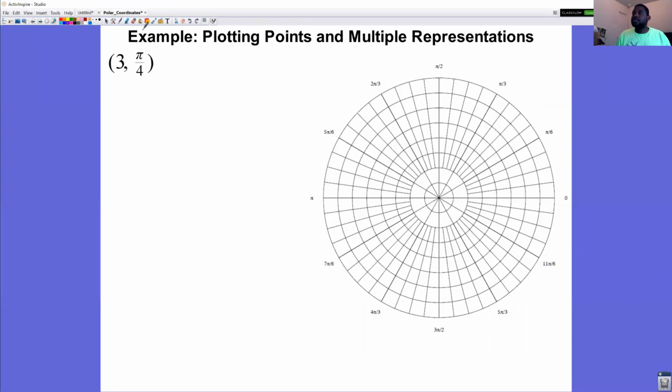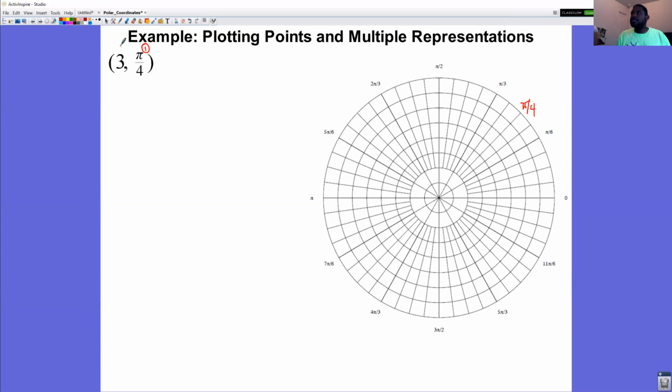The way you plot a point in polar coordinates is you start with your angle, which is pi over 4. So you're going to look for pi over 4 on your graph here. And you should know from your unit circle that pi over 4 is somewhere between pi over 6 and pi over 3. So we're going to say pi over 4 is here.